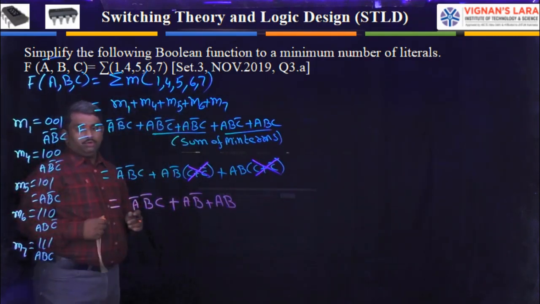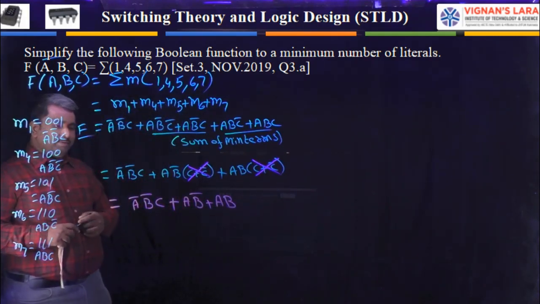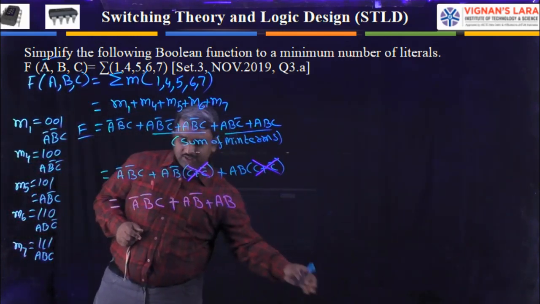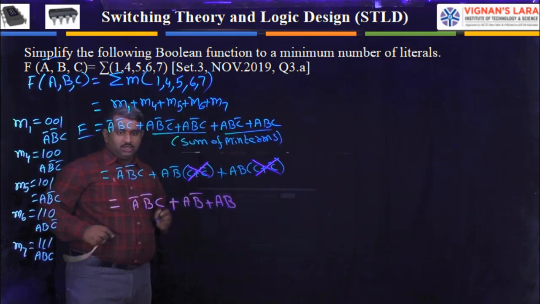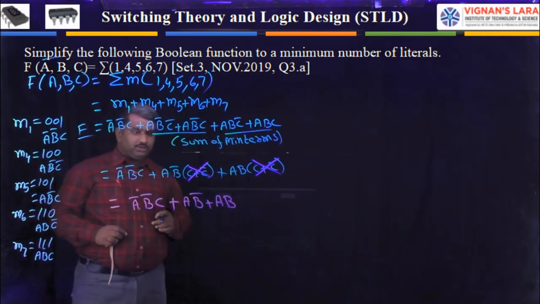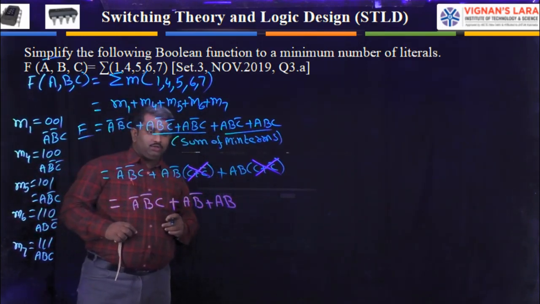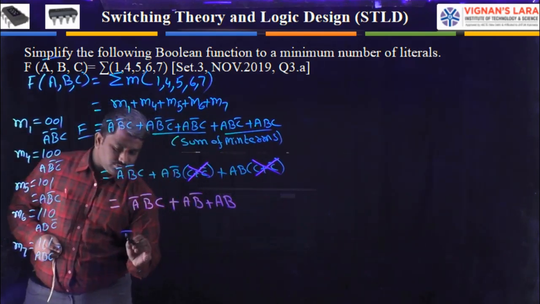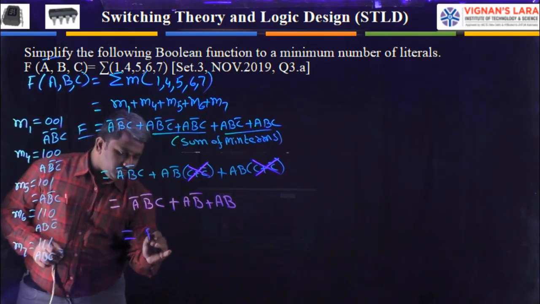Now, is there any further minimization here? See here, is there any further minimization? Right, b bar you can take common from the first two terms.